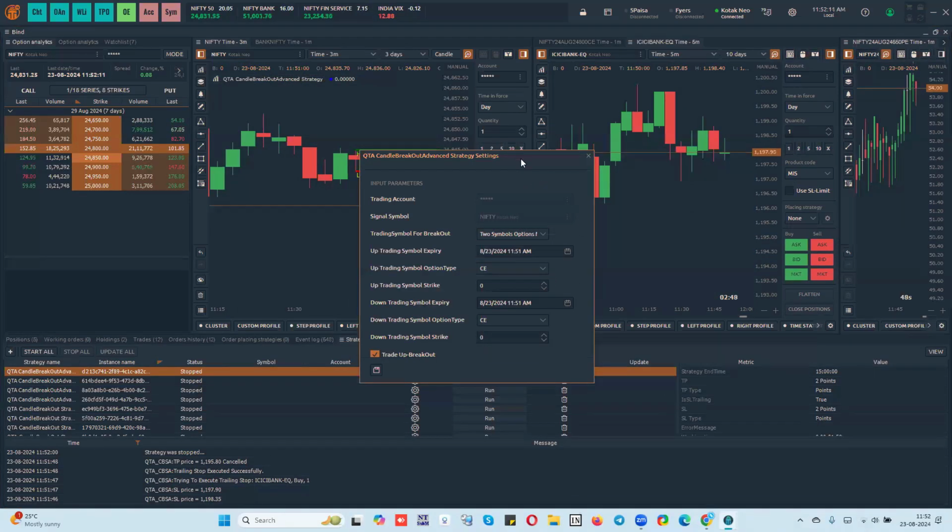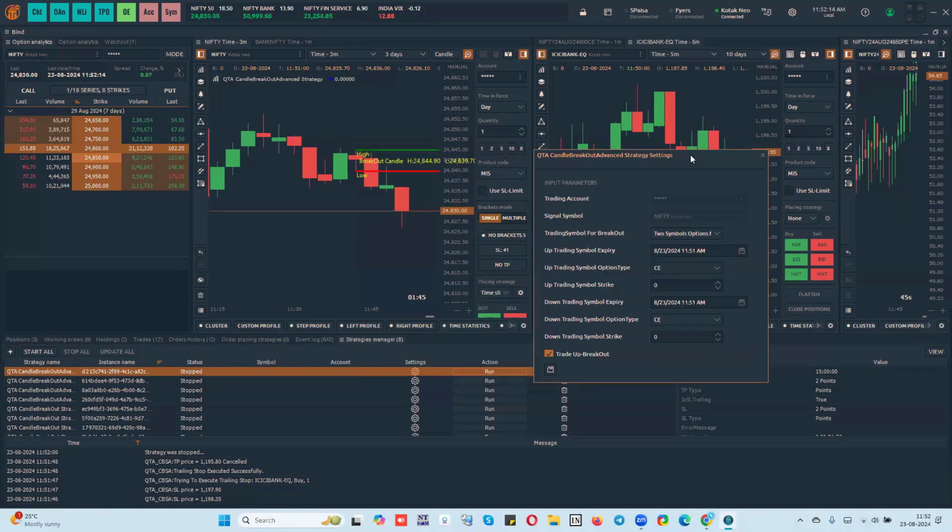Now, what will happen in this case: on a breakout of any candle, you can give the option of taking a trade in a call option or put option, either on the buy side or the sell side. So let's do option buying here with two symbols. I first select the two symbol option mode and select the expiry date.